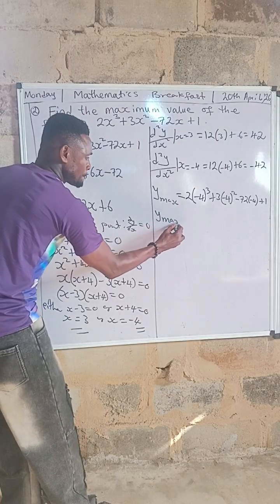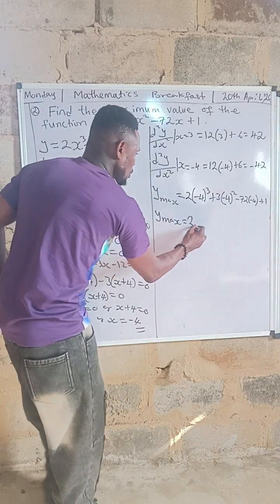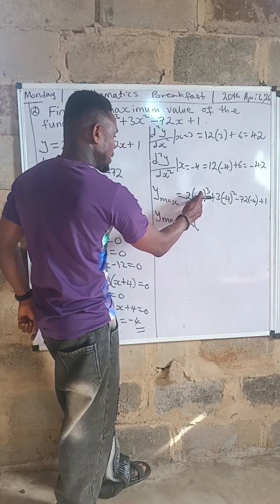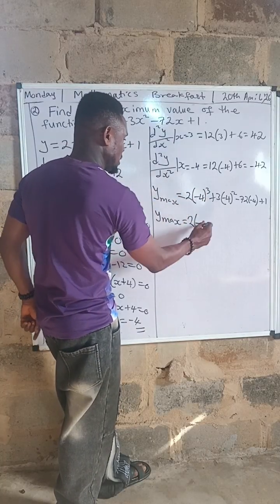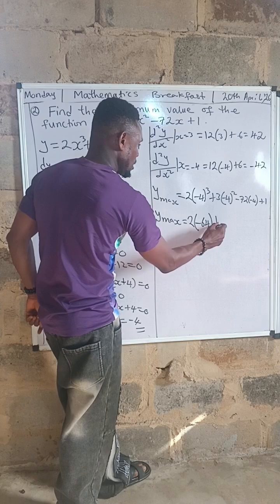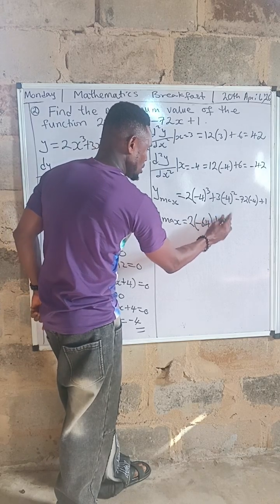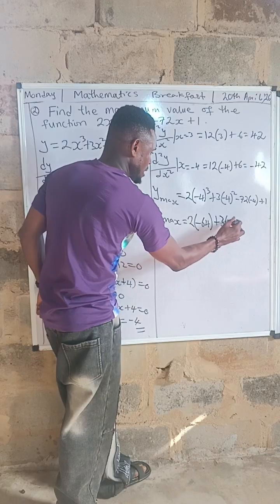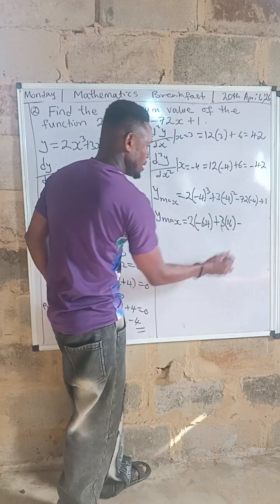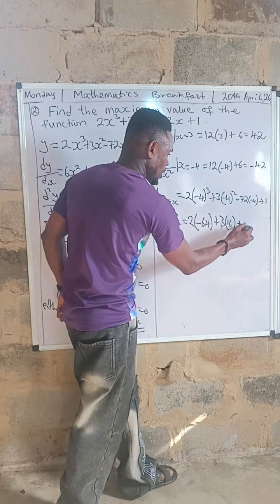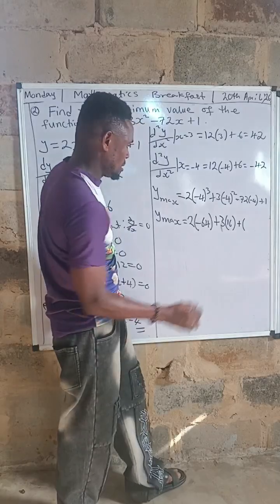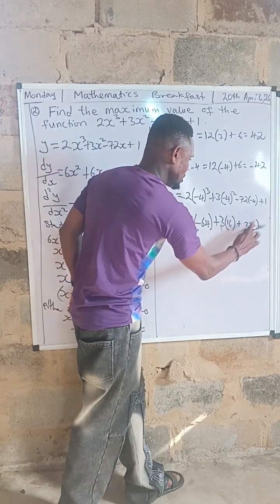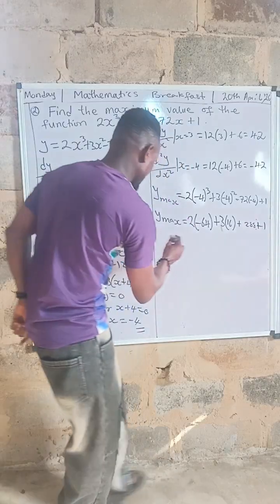Y maximum will be equal to 2 into minus 4 raised to power 3, which is minus 64, plus 3 times minus 4 squared, which is 16, minus times minus is plus, 72 times 4, 288, then plus 1.